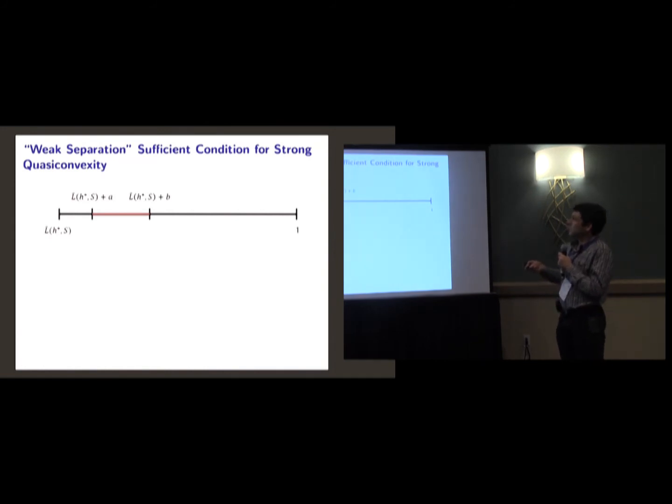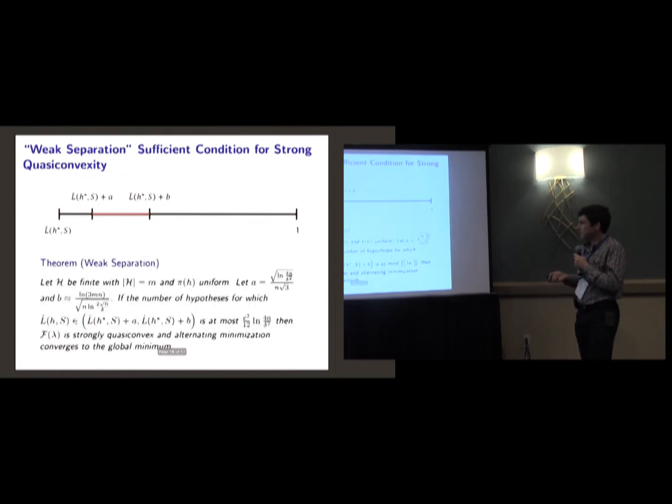We more or less can have any number of good hypotheses, the hypotheses that are close to the optimal one, and more or less any number of bad hypotheses, those which are sufficiently far from the optimum. The key thing is to have relatively few hypotheses in this red region, which is neither very good nor very bad, but somewhere in between.